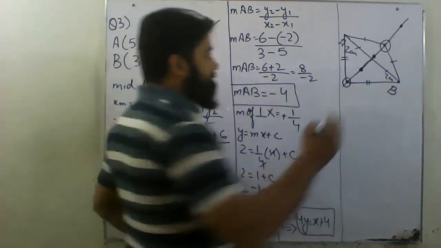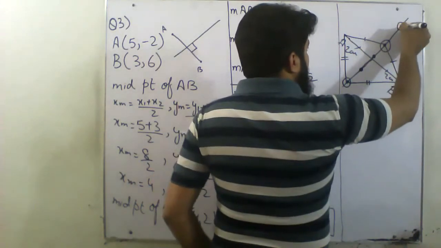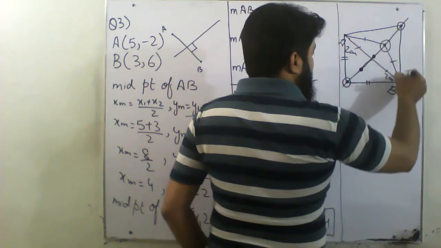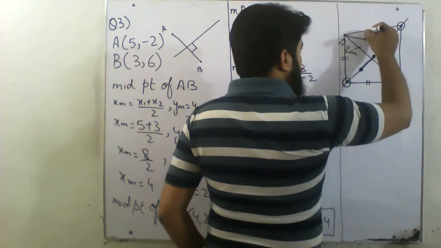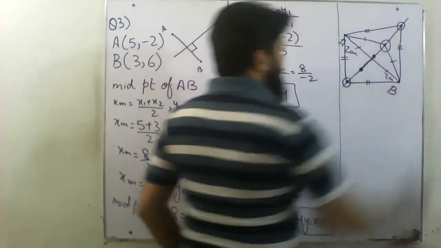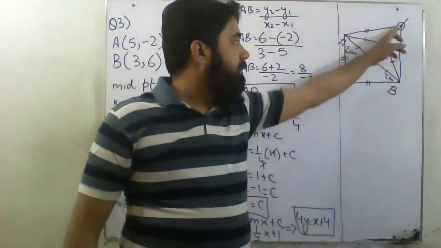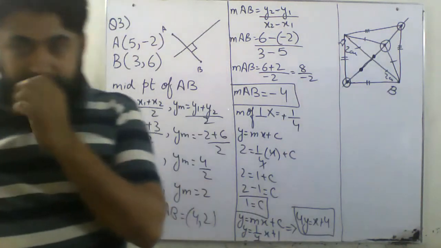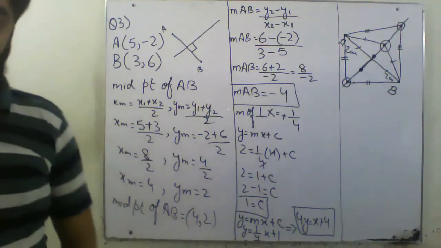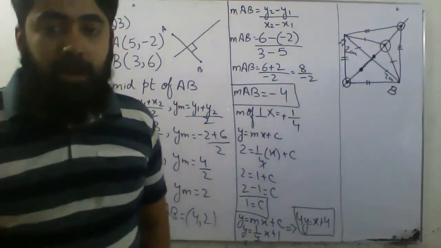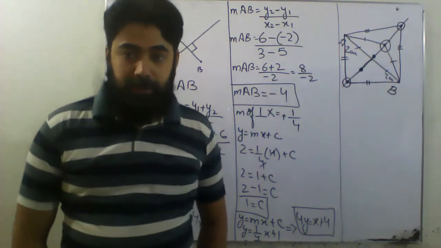In the same way, take another one, calculate its length, and you will see that again from this point to A and this point to B, it is also equal.